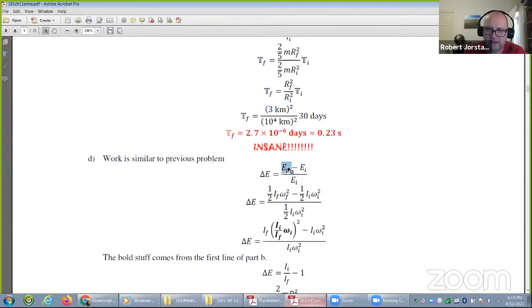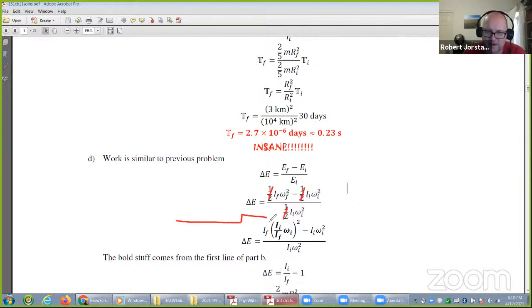Well, that's just E final minus E initial over E initial. The 1/2s are all going to drop out. And here is the step that you've got to know and have some experience with. Because I know I initial omega initial equals I final omega final.